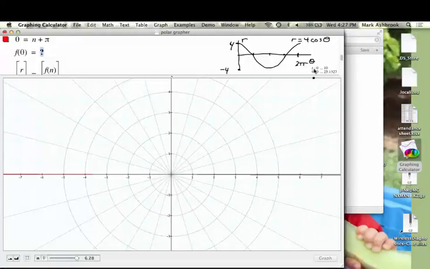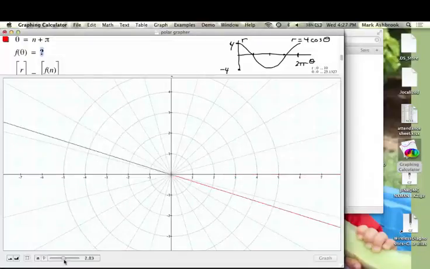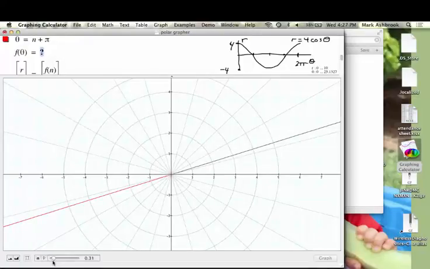Now we're going to graph this, and we're going to think about theta increasing. What does r do as theta increases? Think about theta increasing from, say, 0 to pi over 2. When theta increases from 0 to pi over 2, what does r do?